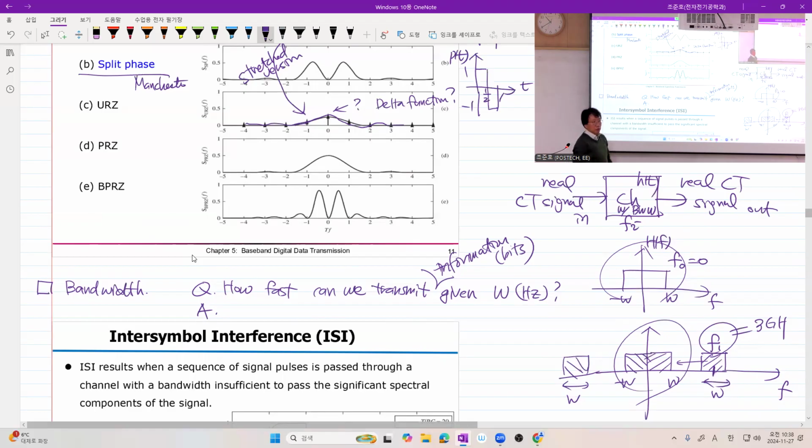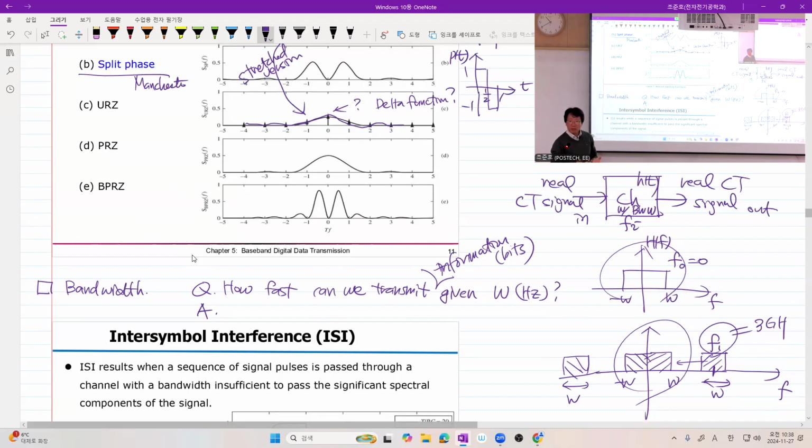Because that is an optimization problem. For radio communication, cellular service providers purchase some specific frequency band from the government. And it's hugely expensive. So you want to cram a lot of bits inside that bandwidth. So let me ask you, how fast can we transmit?